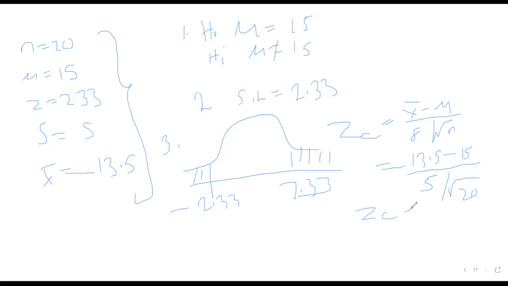I don't know what others found. On top, it would be negative 1.5 over 5 over the square root of 20. So 13.5 minus 15 divided by 5 over square root of 20 is giving me negative 1.3416. Let me just punch the figures.